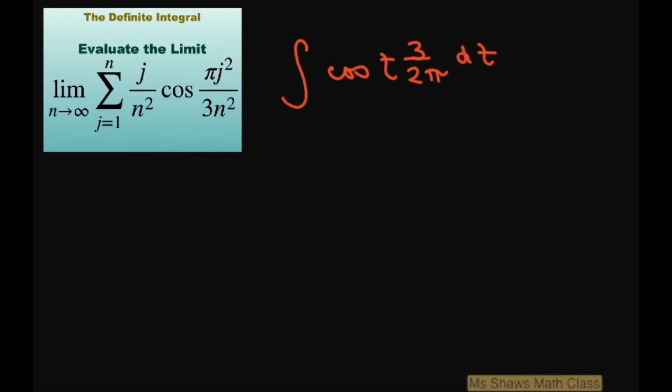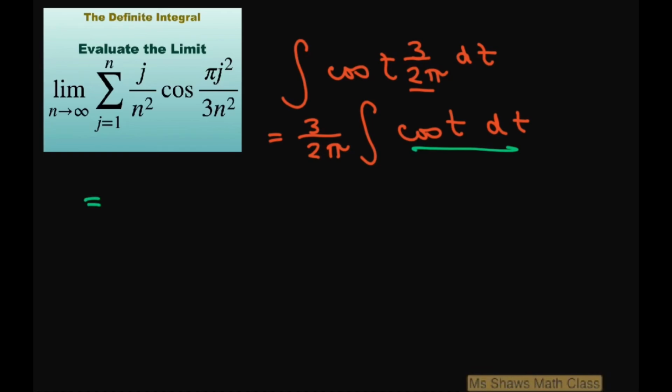Now this is going to give you, let's pull this out, 3 divided by 2 pi, and you integrate cosine of t dt. From here, if you take the antiderivative of cosine, you get sine.